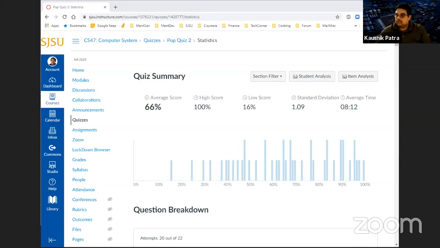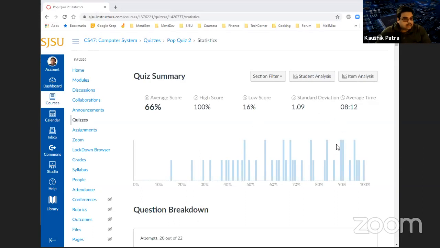Okay. Yeah, not a good one average-wise, 66%. The highest score is 100%, that's good. Average time is about 8 minutes, but I see scores all over the place in the class.